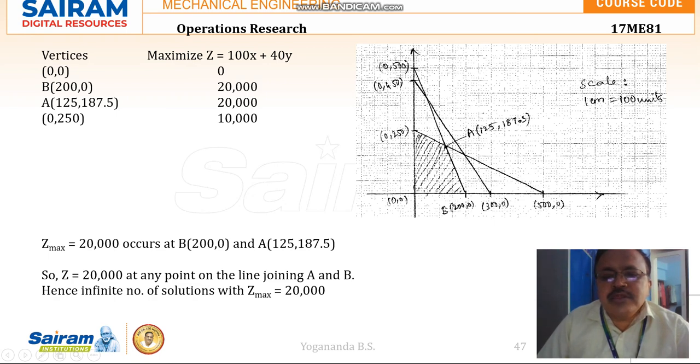I cannot consider this part of the region because it is falling above this line. Similarly, I cannot consider this part of the region because it is crossing another constraint here. So now for this I can say that an infinite number of solutions exist. Thank you, friends.